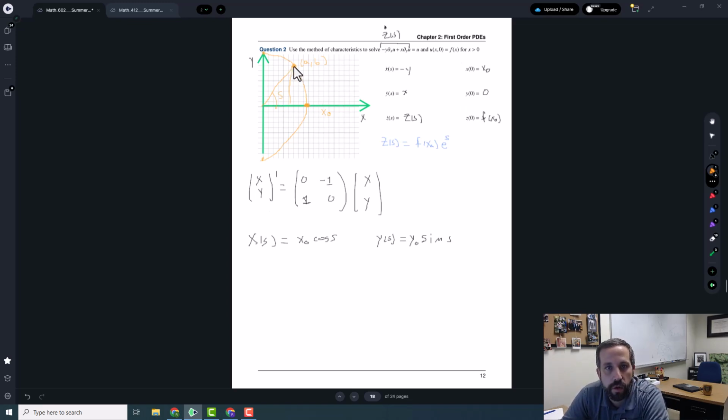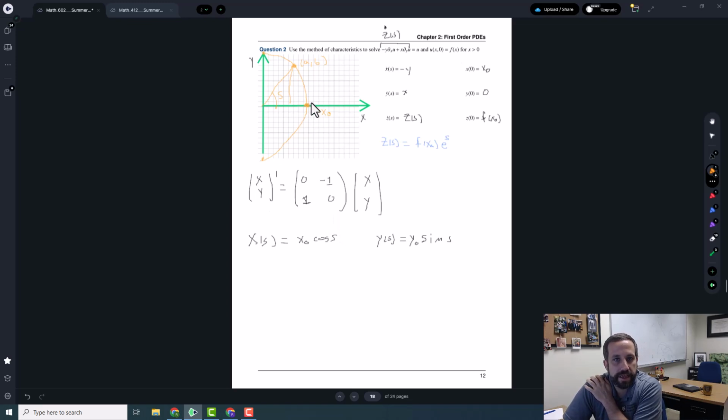And if I want to know what u is at any point on the curve, I just need to figure out what this s is, and z of s is going to be equal to f of x naught times e to the s. Now I want to write a formula like u of AB is equal to something, but looking at things geometrically is very helpful, and we'll see that more next week.